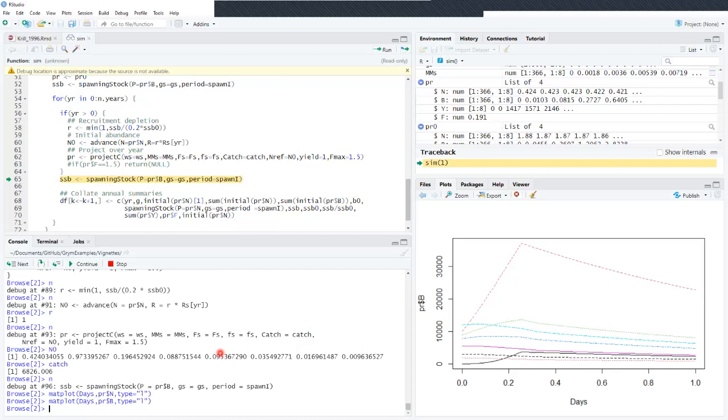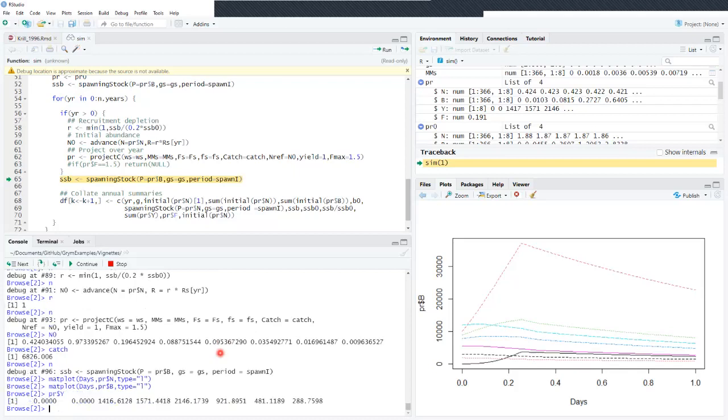If we look at the yields, PR dollar Y, that's the yields per age class. The first two age classes aren't selected at all, so they can't really contribute to the yield.